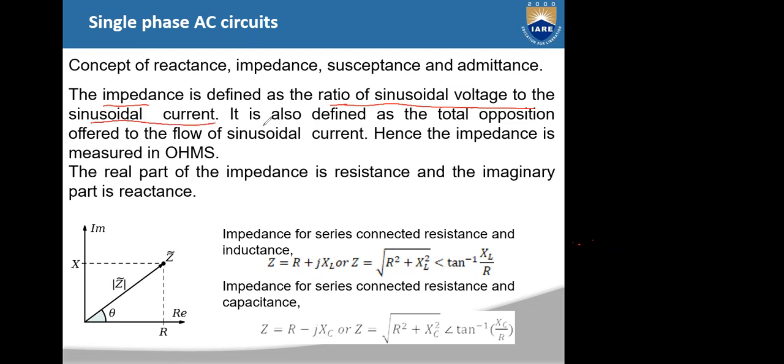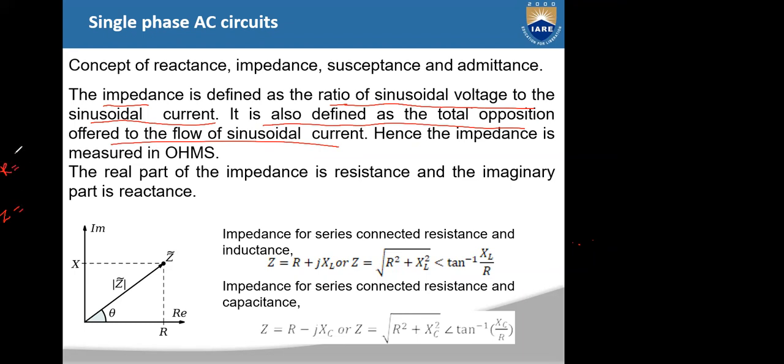It is also defined as the total opposition offered to the flow of sinusoidal current. Here we are representing this with Z. What is resistance?